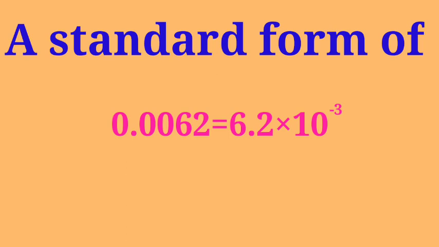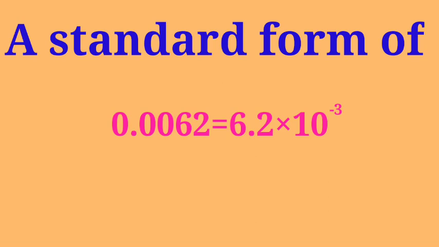After putting 6.2, we are told that we should multiply the resulting number, which is 6.2, times 10 raised to the negative exponent which is equal to the number of zeros positioned before the first counting number.